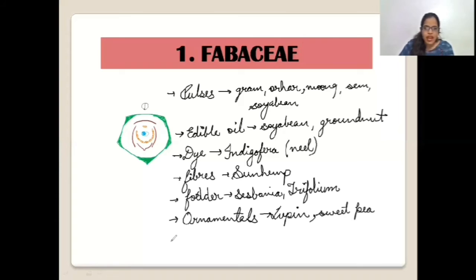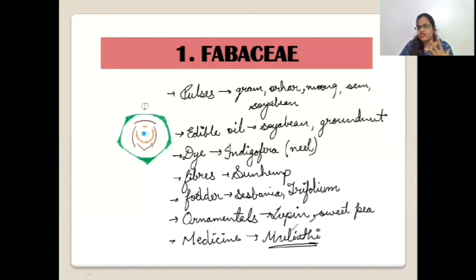Okay. Now, next is medicine. So, for medicinal purposes also, we use the members of the Fabaceae family, and the one we have is Mulethi. Mulethi is used in medicines for the throat or the respiratory medicines and all.